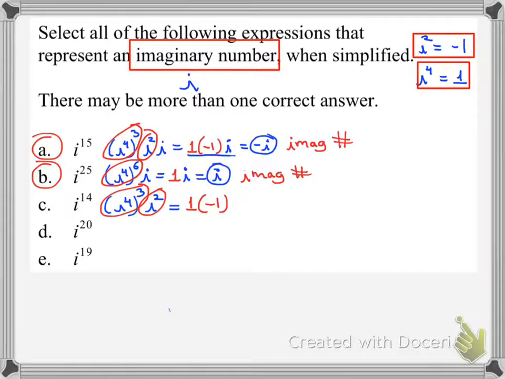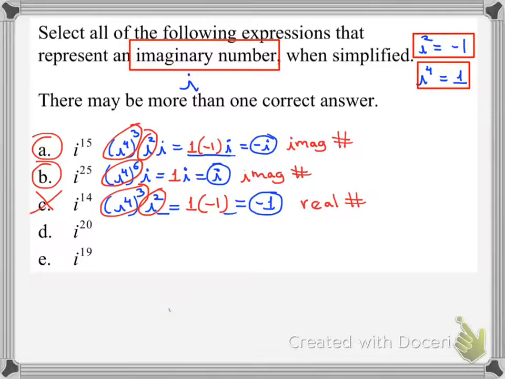So my answer is just -1. It does not have an i as part of my answer. There were no i's left. Since it doesn't have an i, this is a real number. So therefore C is not your answer.